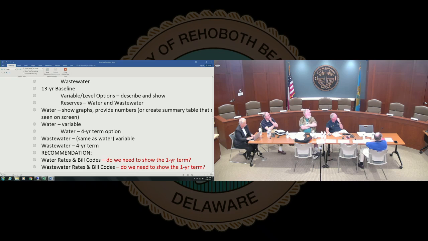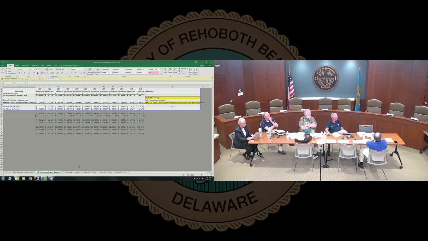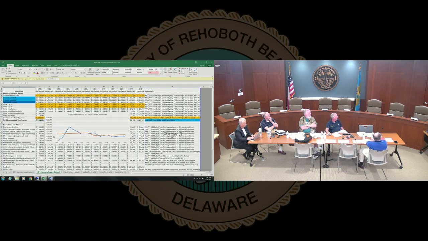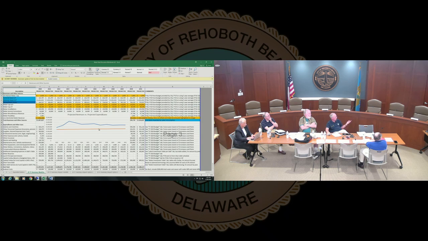Water, show graphs, provide numbers, or create summary tables on the screen. Okay, so this is what I was talking about. Water. So if we went to one of these ones, see, this was option 4. I thought I would just kind of pull the graphs out of it.